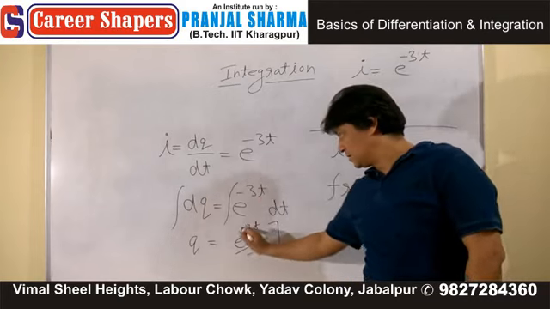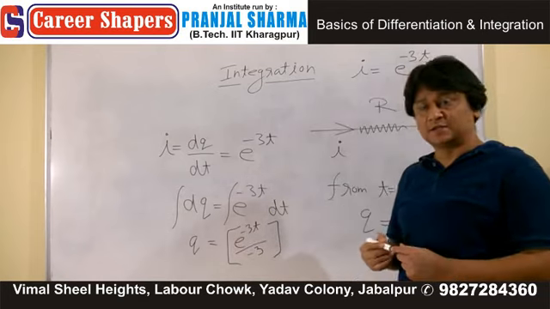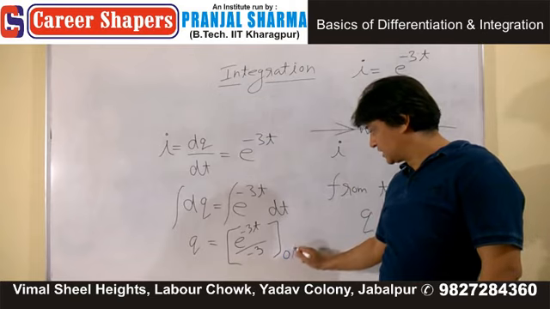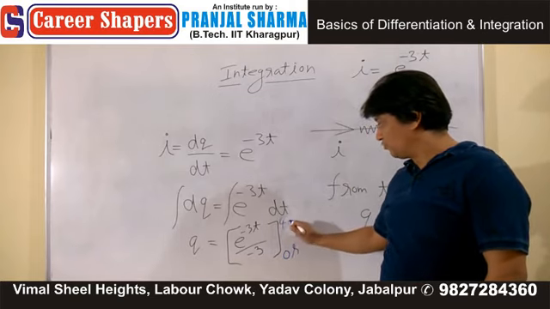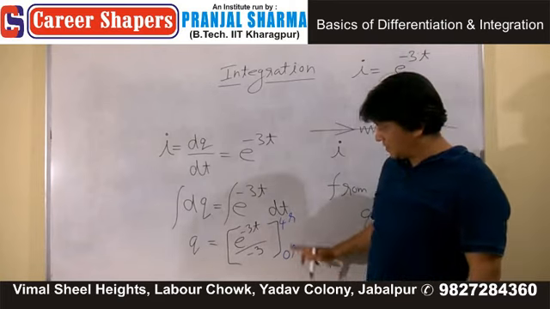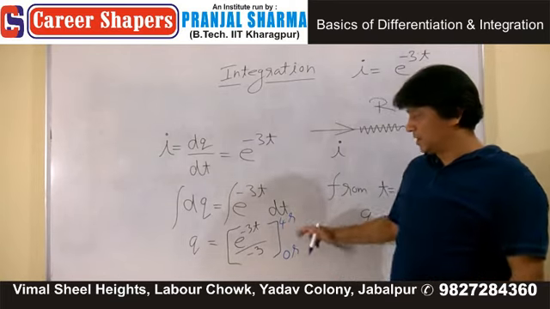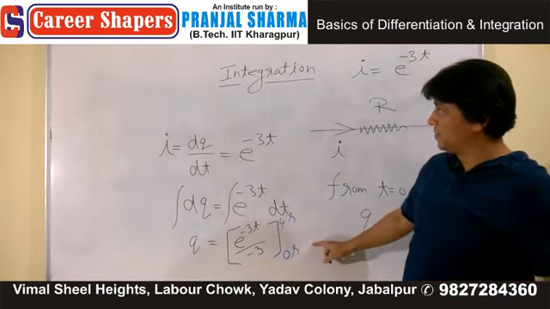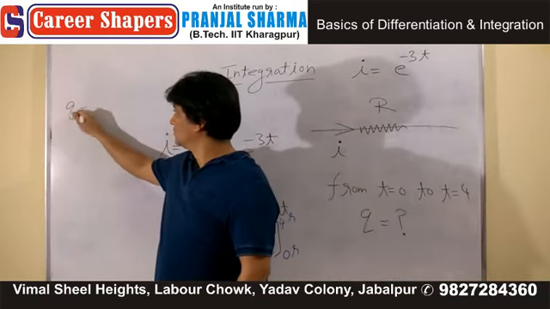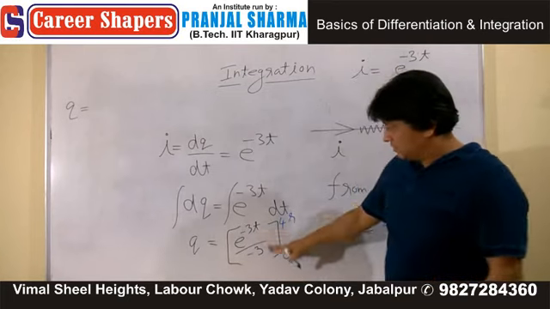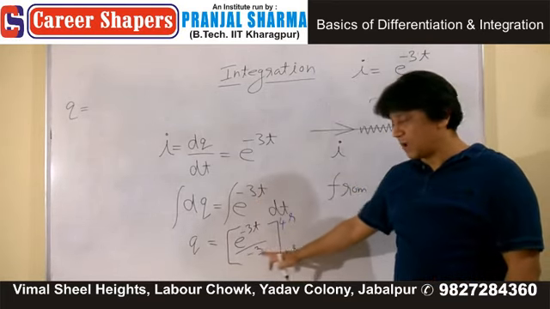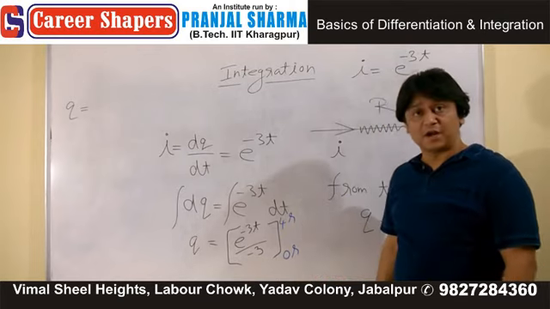And then the question says you need to integrate the whole thing from 0 second to 4. Lower limit, upper limit. And how do you put limits? This is q, the integration of e to the power minus 3t, in square brackets, lower limit, upper limit.